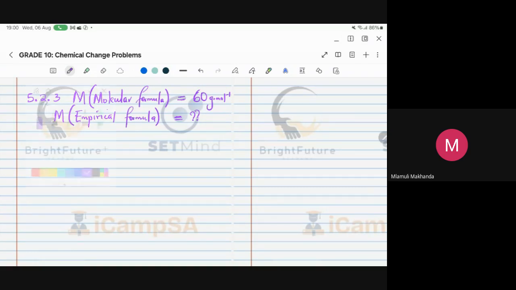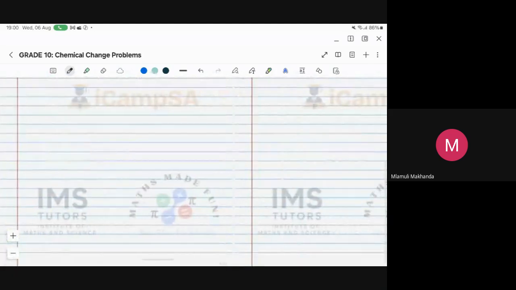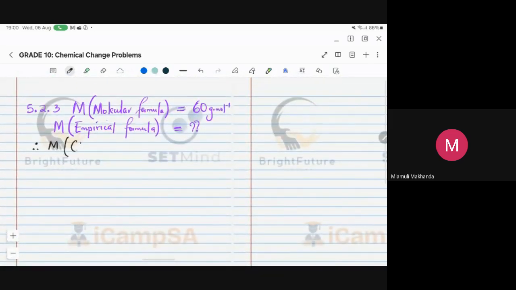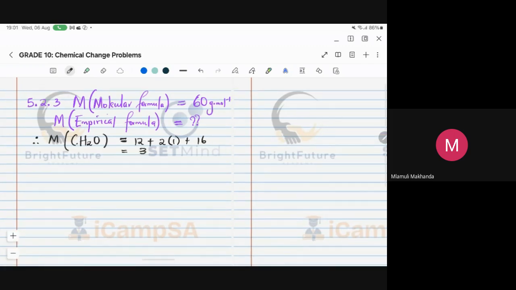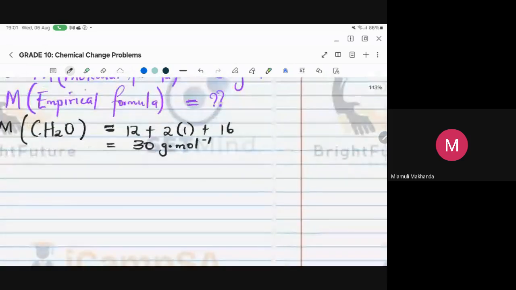M of our empirical formula, CH2O, is, if you use your periodic table, 12 plus 2 times 1 plus 16. 12 plus 2 is 14, plus 16 is 30 grams per mole.